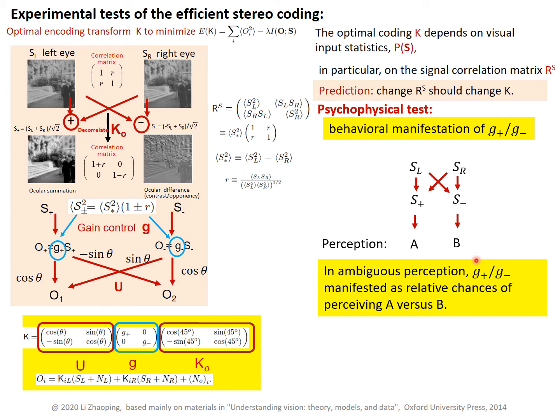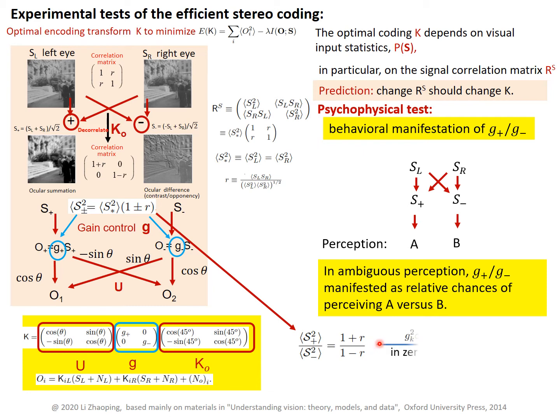So if we ask observers what they see, A or B, and if they have to answer by forced choice, they might answer A in some trials and answer B in other trials. The chance that they will answer A should increase with the sensitivity G plus relative to the sensitivity G minus. And the sensitivities depend on the signal power, which we know depends on the correlation coefficient R between the inputs to the two eyes.